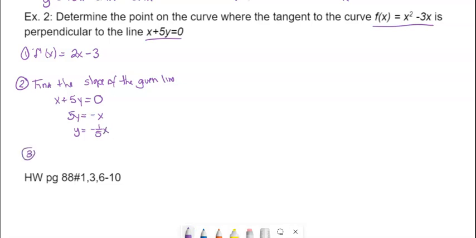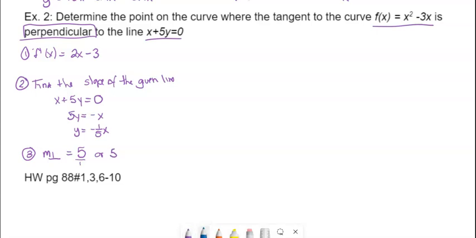This says, though, that I want to have the tangent be perpendicular to this line. So a perpendicular slope is the negative reciprocal of that. So perpendicular slope will be 5, because it's negative 1 over 5, so it's going to be positive 5 over 1, or just 5.